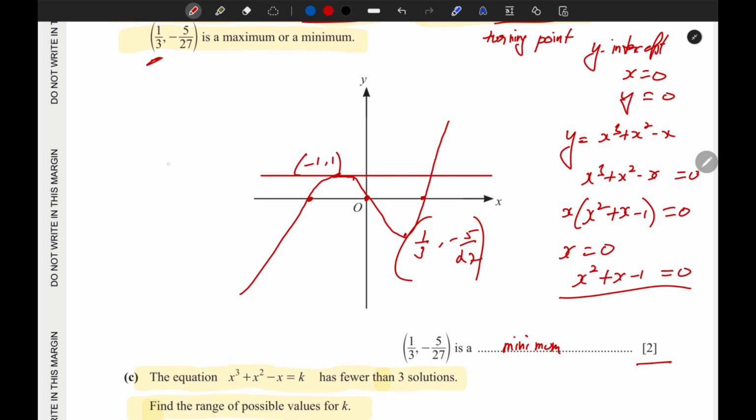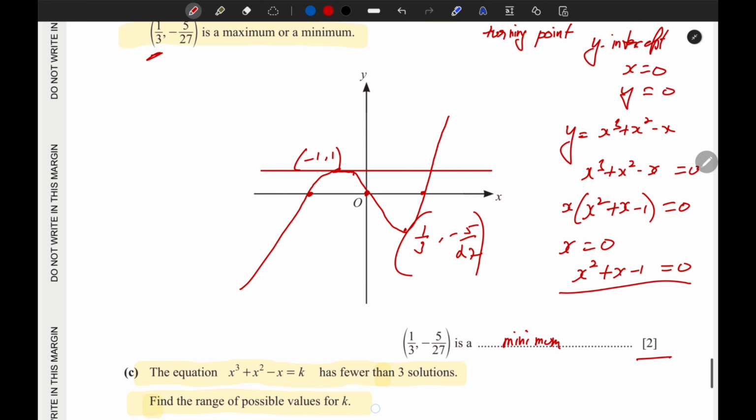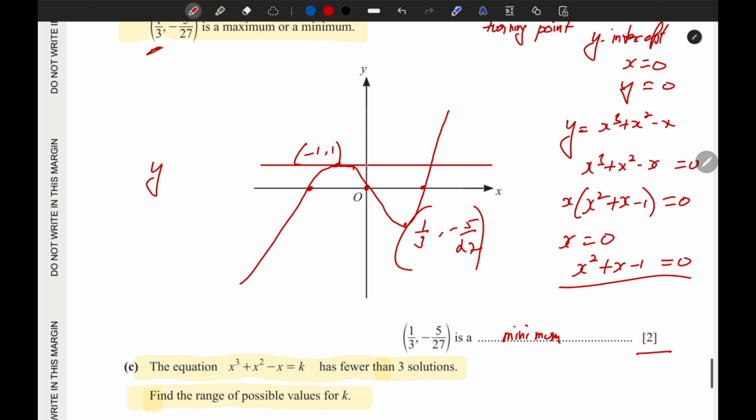So that means, this is actually y, so this y should be, this is 1, greater than 1. And from here, as you can see, is minus 5 by 27.